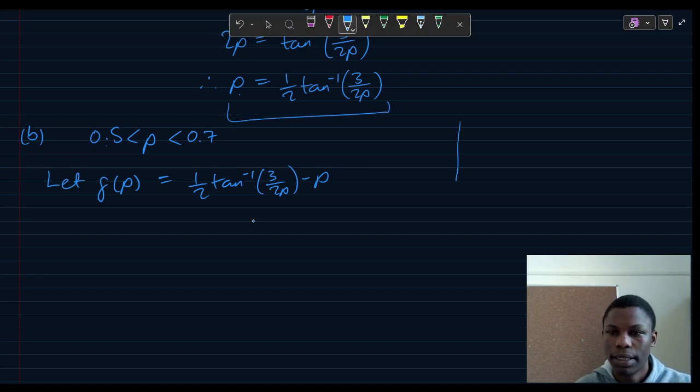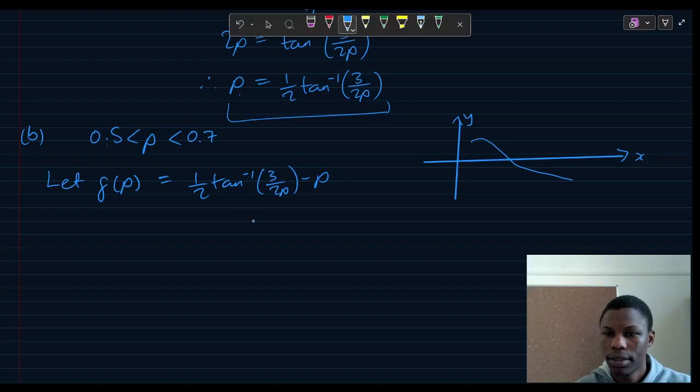And the basic idea is that if you look at a graph, and you've got something like this, let's say this here would be your 0.5, and then this here would be 0.7. So you can tell that the value of the function at 0.5 is clearly positive, but the value of the function at 0.7 is negative.